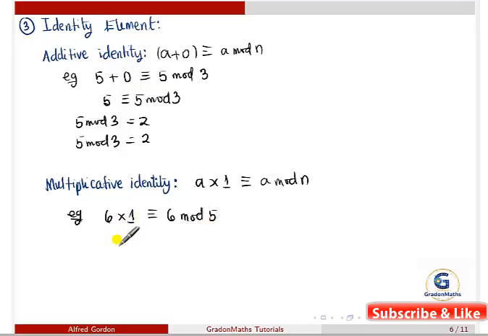What is 6 times 1? 6 times 1 is 6, and it's equivalent to 6 mod 5. You can pause the video and go through the equivalency here. We have two things to do, and they are both 6 mod 5. 6 mod 5 and 6 mod 5 will both result in the same result of 1. Therefore, we can see that 1 is the multiplicative identity.